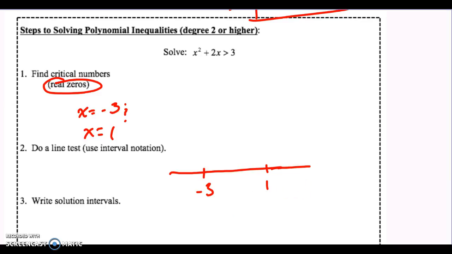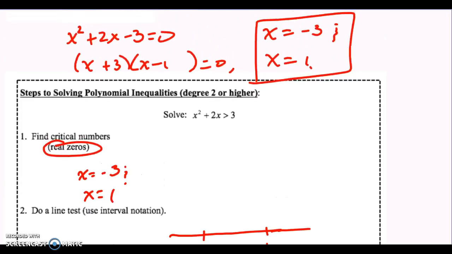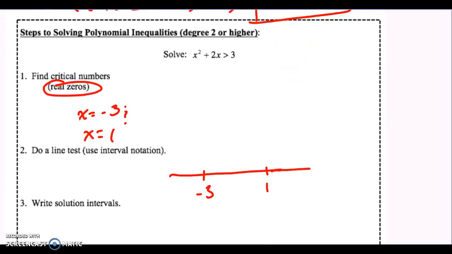What we're going to do is a line test. I want to know on the left of negative 3, in between these two numbers, and on the right of 1, whether my sign for this polynomial is positive, negative, or 0. If this isn't making sense yet, I'm going to have it make sense in just a minute.